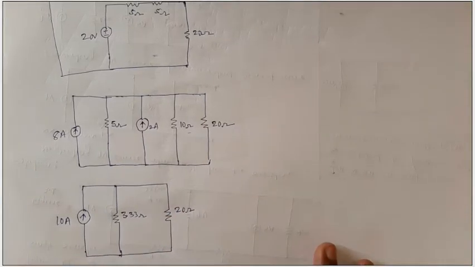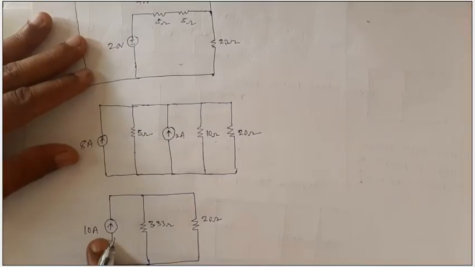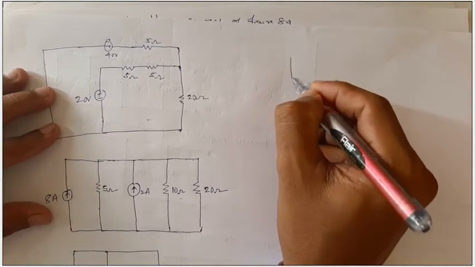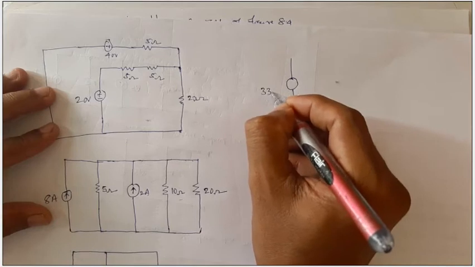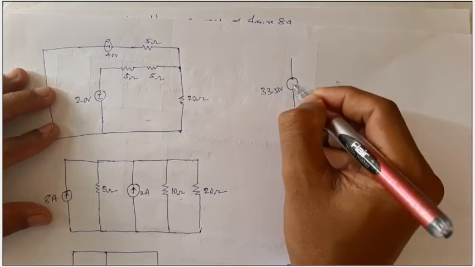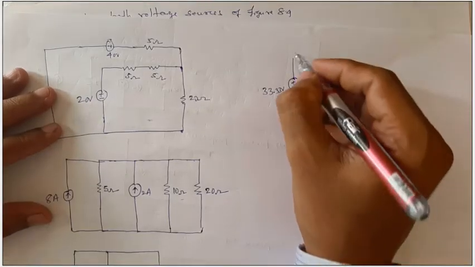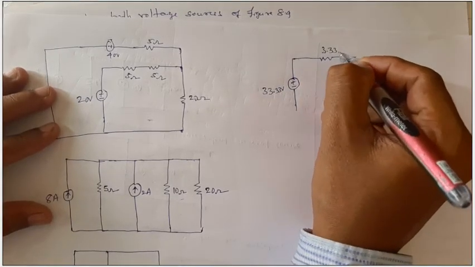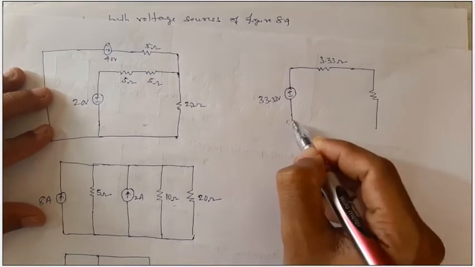Going one step ahead, I will just convert this current source to an equivalent voltage source. 10 into 3.33 gives 33.33 volts with plus and minus, and this 3.33 ohm will come in series, and this is our 20 ohm resistor.